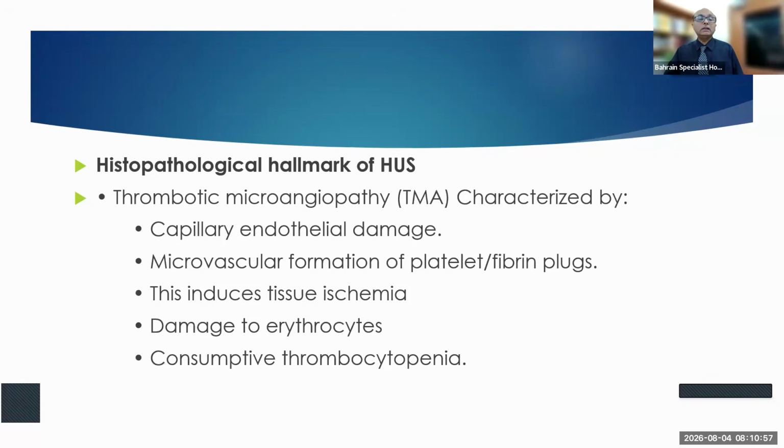The histopathological hallmark of hemolytic uremic syndrome is thrombotic microangiopathy. It is characterized by capillary endothelial damage and microvascular formation of platelet-fibrin plaques. This induces tissue ischemia, which leads to damage to erythrocytes and consumption of platelets, causing thrombocytopenia.